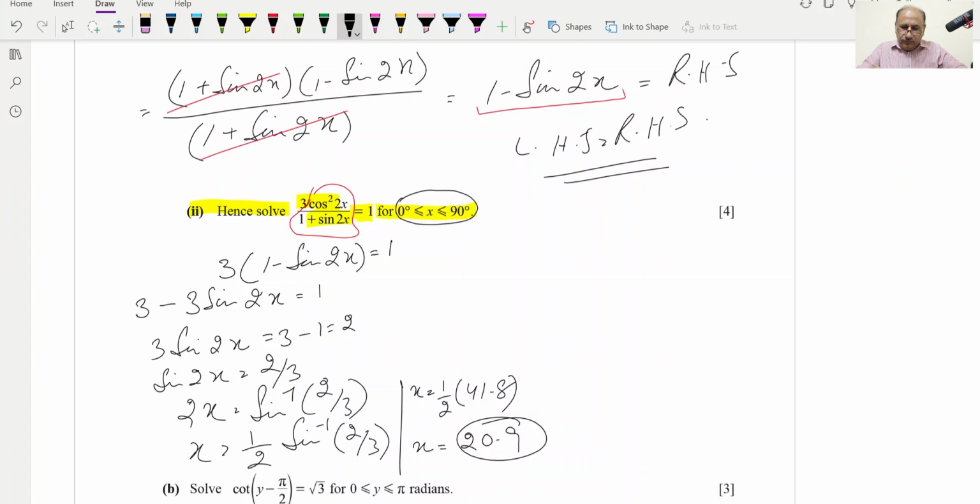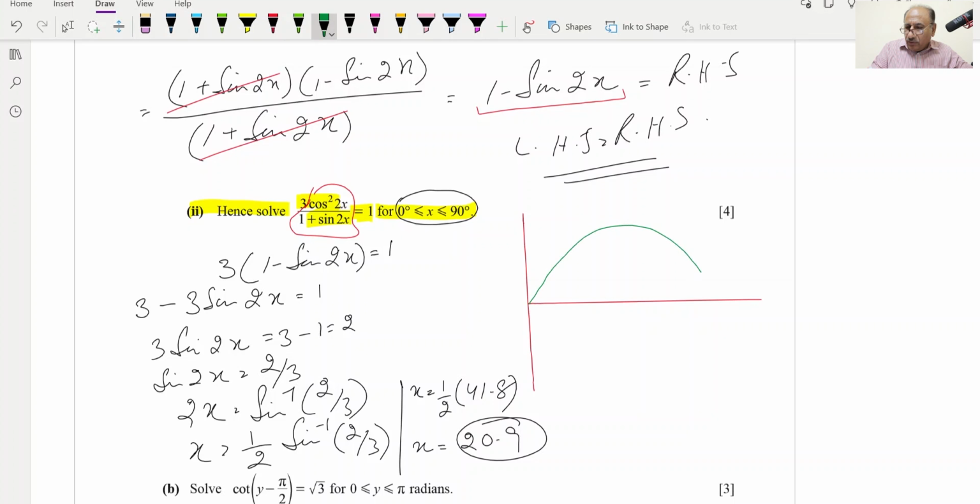For that, we can sketch a small drawing. For example, over here the y-axis, and this is the x-axis, and sine is curving like this.